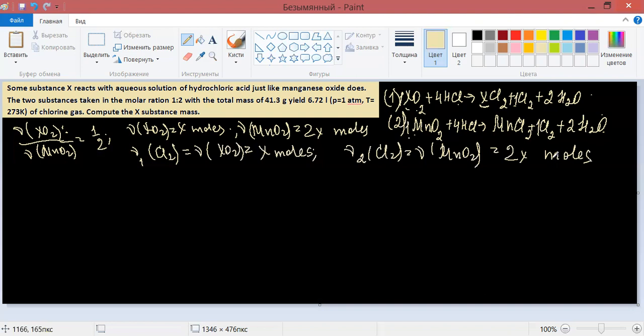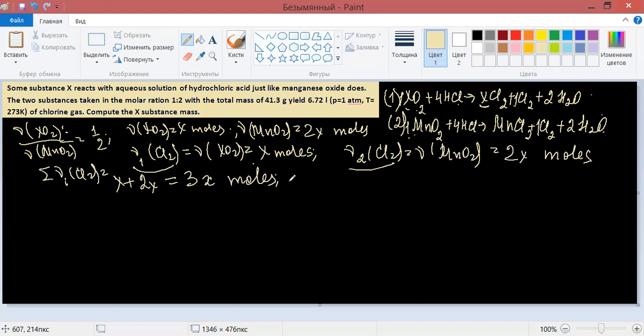Now, the total amount of chlorine yielded in the two reactions is the sum of this and this, right? That means x plus 2x, and we've got 3x moles of chlorine.